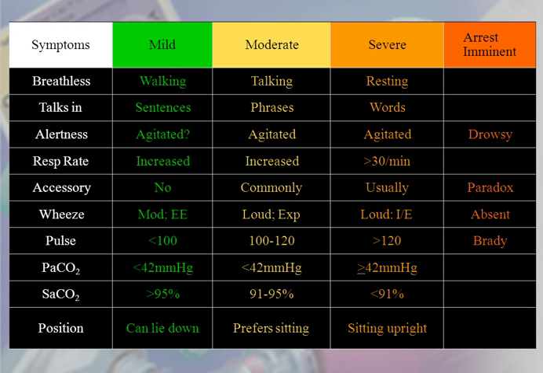So a patient that's walking, talking in complete sentences, a little agitated but not completely agitated, increased respiratory rate, no accessory muscle use. I'm not going to go through this whole thing.